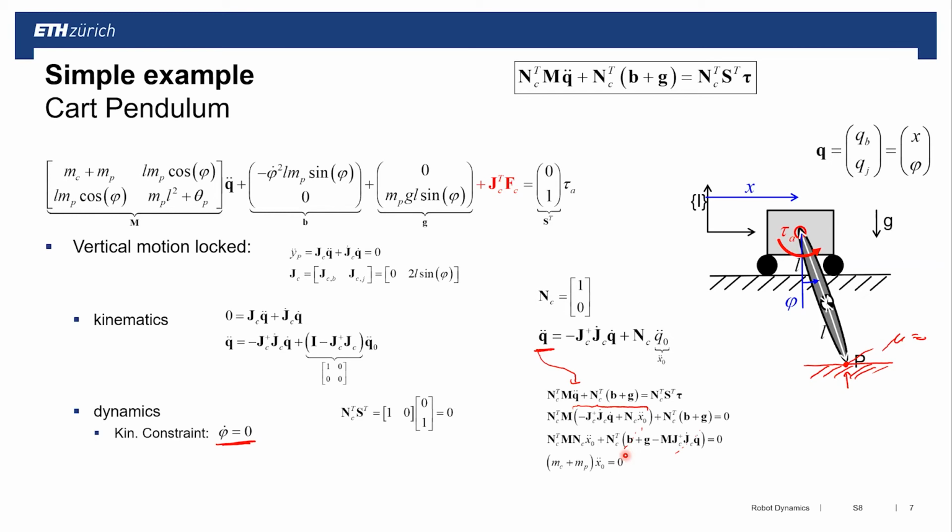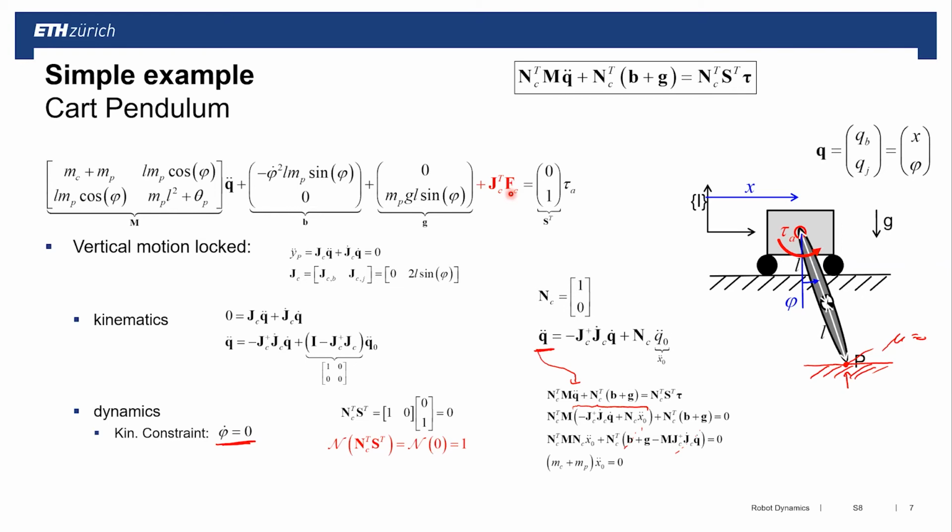And this torque does not change the motion, so it doesn't have an influence here. However, we know that if I now do the inversion here of NS transposed, which is NS 0, so if I take this one, I invert it, I have a null space of it. And this null space allows me to change my torque such that I'm changing the external force, but I'm not changing the motion.